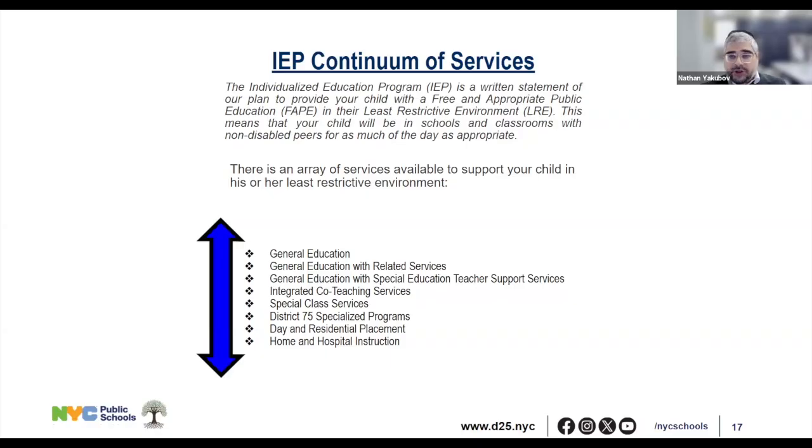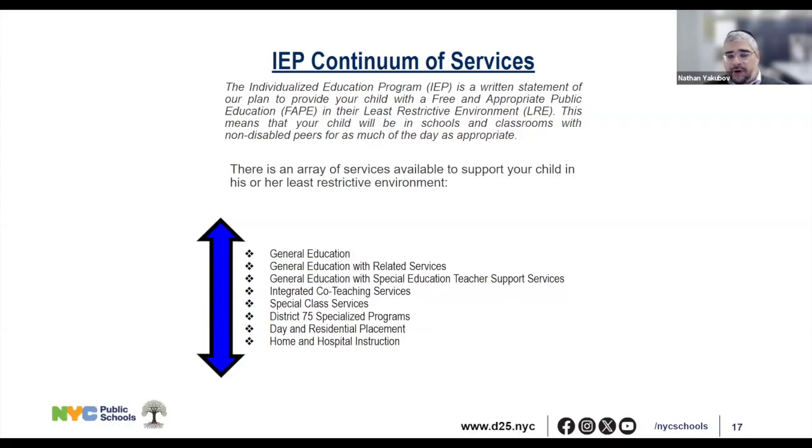Or you might have an actual special class where everyone in the class has an IEP, and the teacher is a special education teacher, and the class is purposely small, not more than 12 students, so they can address the specific individualized needs of those students. Students that might need more support might be in District 75, where the entire school is students with IEPs, or some students may have a day residential placement or home and hospital instruction.